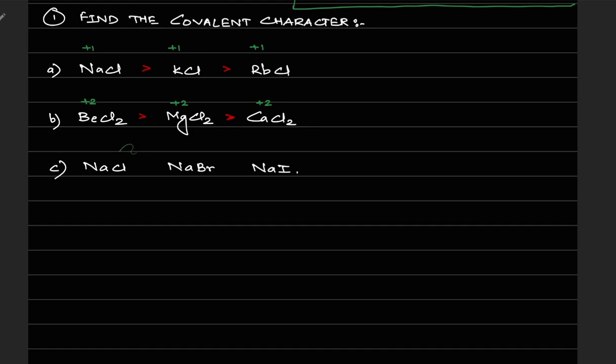But if you look closely, chlorine is -1, bromine is also -1, iodine is also -1. So all of them have the same charges. So definitely now the dependency only comes down to the size. And as we all know, iodine has the maximum size.